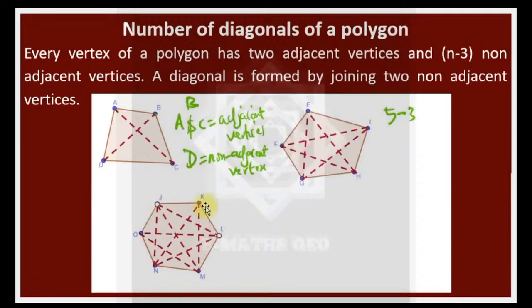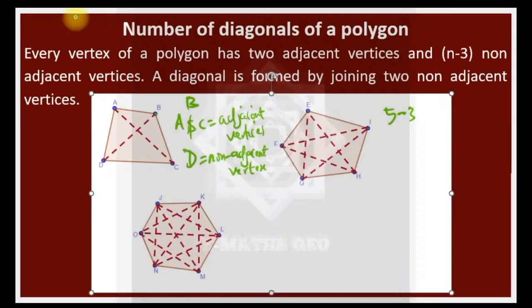So for K, we have 1, 2, so we have only one left. So that's it. For J, we have 1, 2, 3. So let's now count. You notice we have something that we'll get a formula from this.